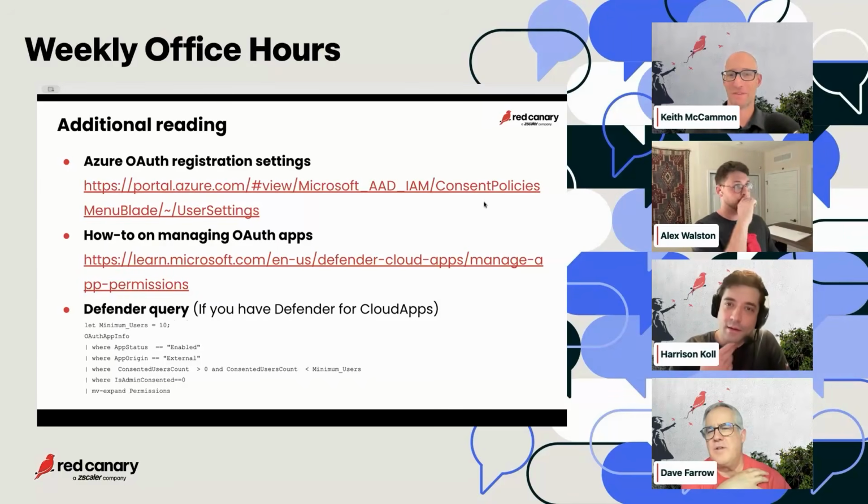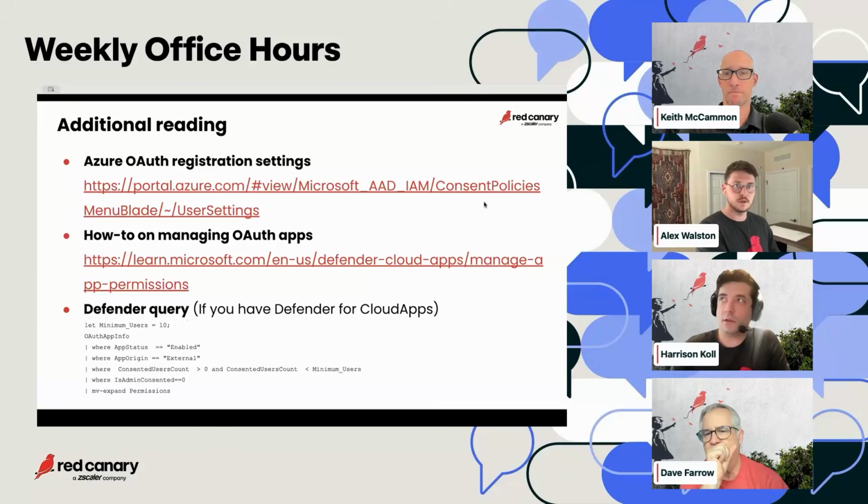So with OAuth token theft, that implies that the tokens are sitting somewhere on a local device. Are we seeing stealers targeting those things? What this article describes is somebody registering an OAuth application for a user, and then that OAuth application can request to log in on behalf of the user, and so they can just gain access to the environment in that manner. That was one of the things that we looked at.